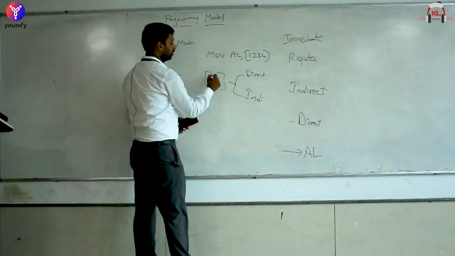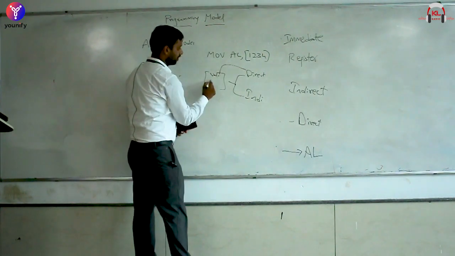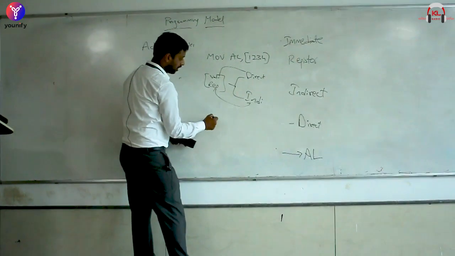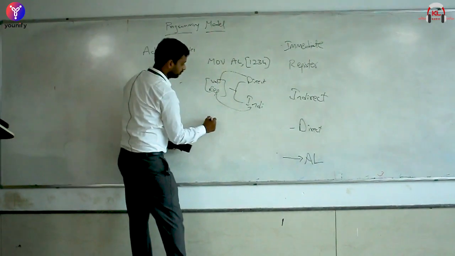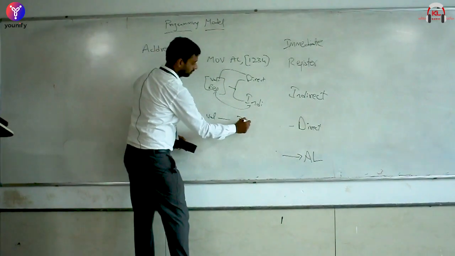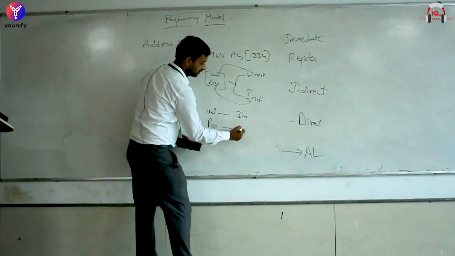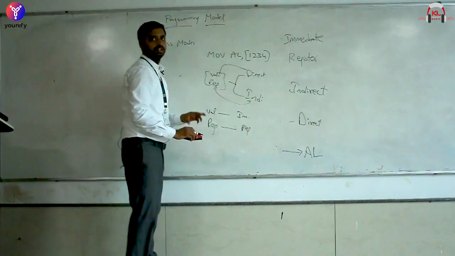So if you have a value inside it, it is direct. If you have a register inside it, it is indirect. Similarly, if you don't have a bracket and a plain value, it is immediate. And if we have both of them as registers, it is register addressing mode.